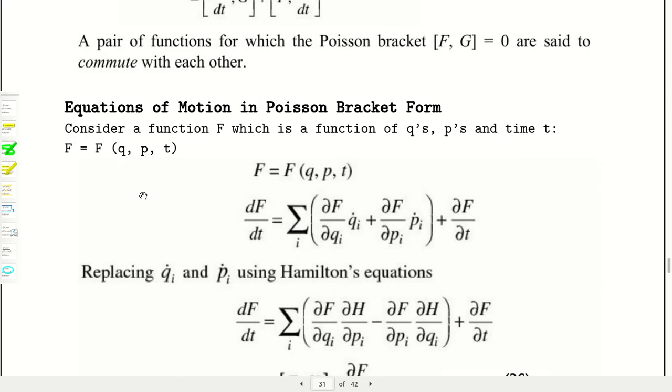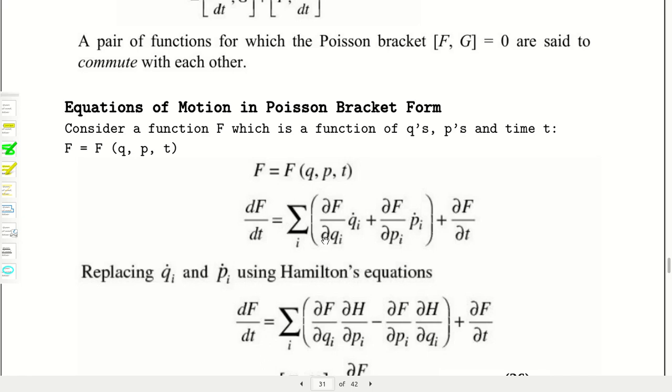Now the equation of motion in terms of the Poisson bracket. Equation of motion, we have already done this, but not using the Poisson bracket. Let us suppose f is a function of q, p and t, so df/dt, the total time derivative, will be written by the chain rule: ∂f/∂qi into qi dot plus ∂f/∂pi into pi dot plus ∂f/∂t.